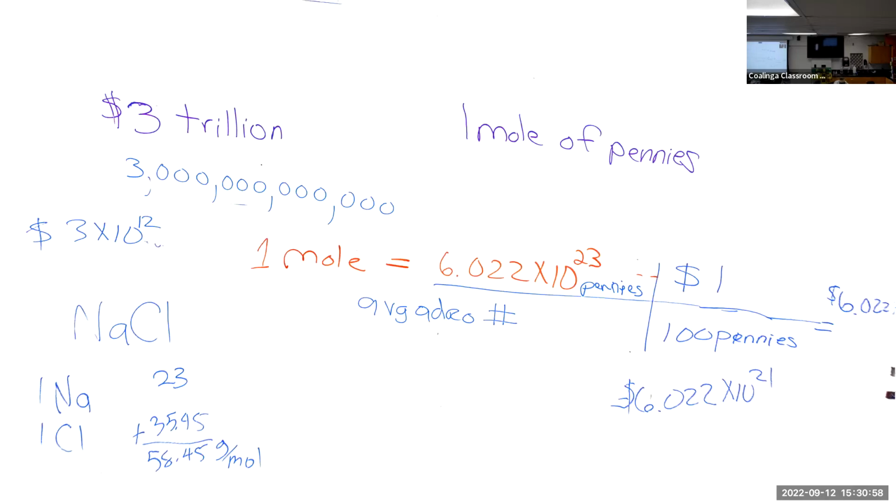Okay, grams per mole. So how can I use this? Again, how would I be able to use this? Somebody gave me, and they told me that I have 109 grams of sodium chloride.